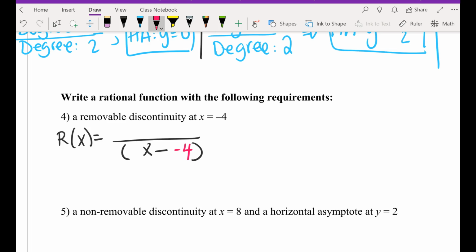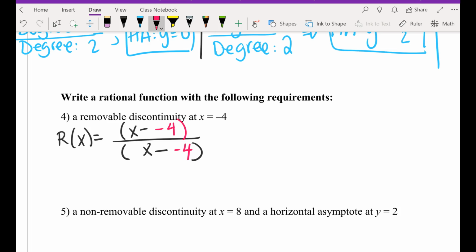What's on the top? It also has to be what, Gemma? You guys agree with that statement? Okay. On the top also. Remember, it's always x minus, just like x minus h, and your h value happened to be that.